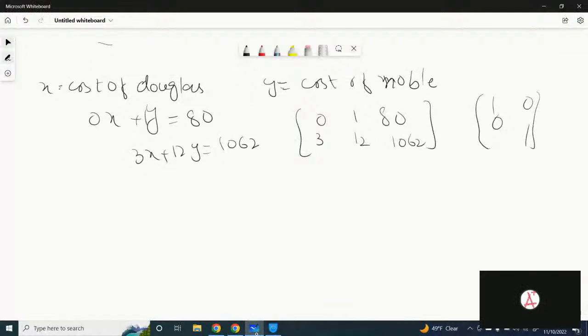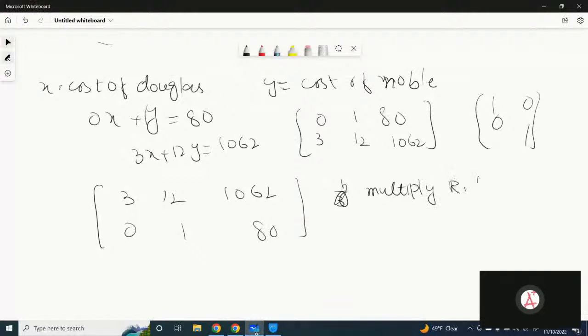I'm going to interchange row 1 and row 2, so it would be 3, 12, 1062, and 0, 1 and 80. Okay, I can make 1 by dividing r1 by 3, so I can multiply r1 by 1 over 3. That means you have to divide r1 by 3.